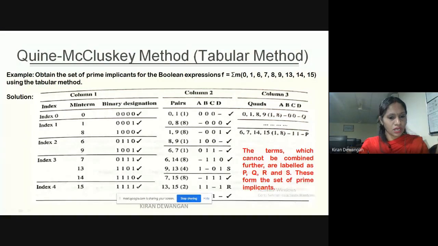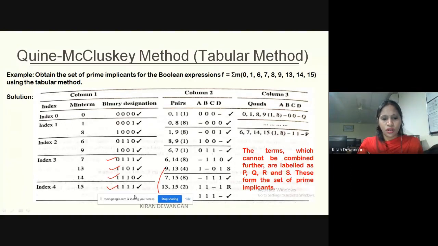The rest 3 bits are the same, 111 and 111. So 7, 15 will form a pair. Even 13, 15 will form a pair. And 14, 15 will also form a pair. All the 3 will form a pair.